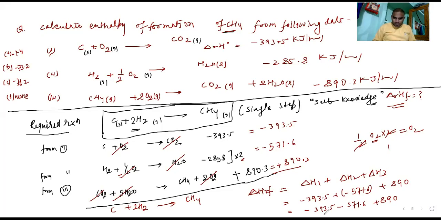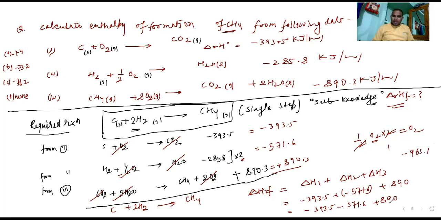Wait, I'm doing it here. So negative, if you are adding now, 393.5, 393.5. Then again you are adding this one, negative 571.6. So how much negative is it coming? This value is coming minus 965.1.